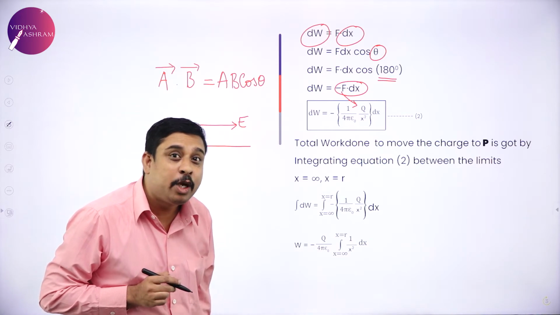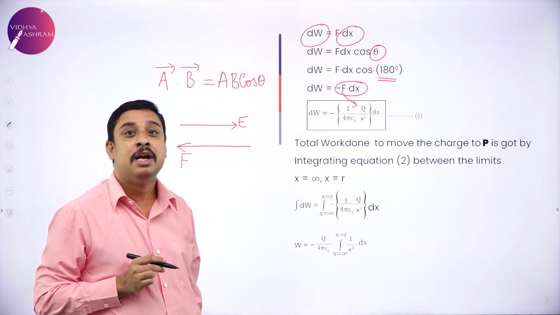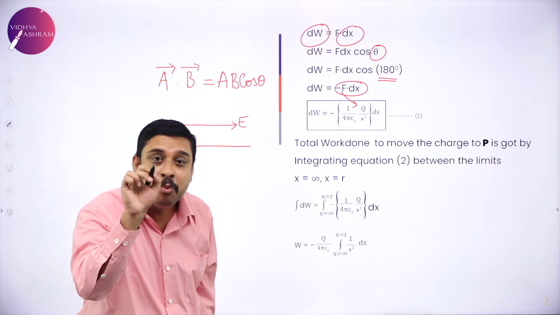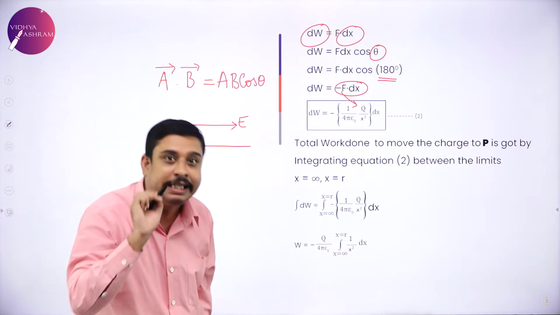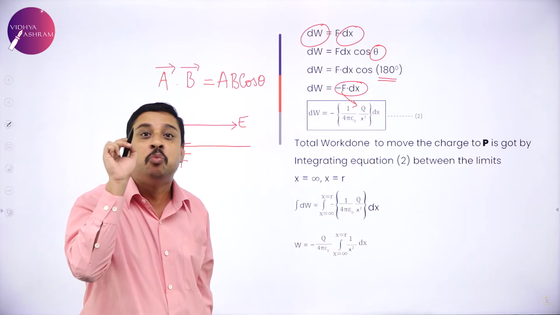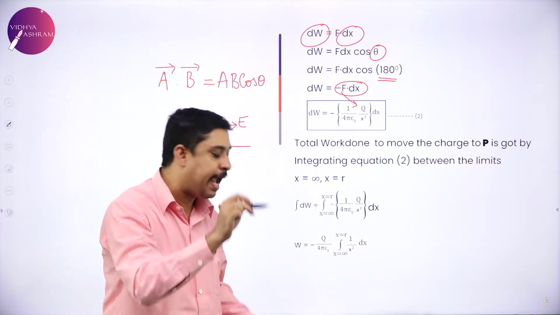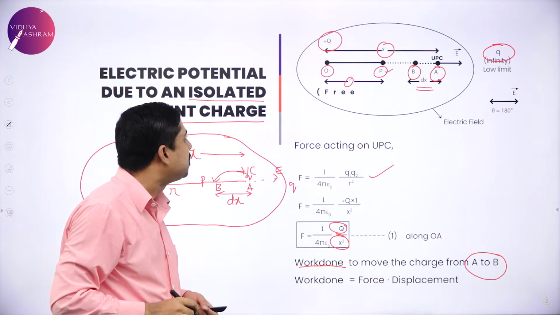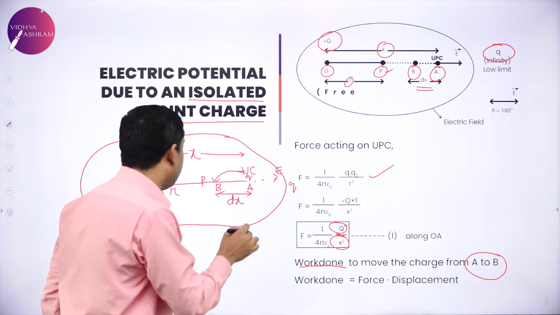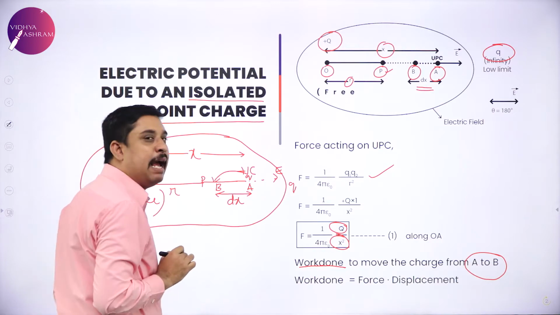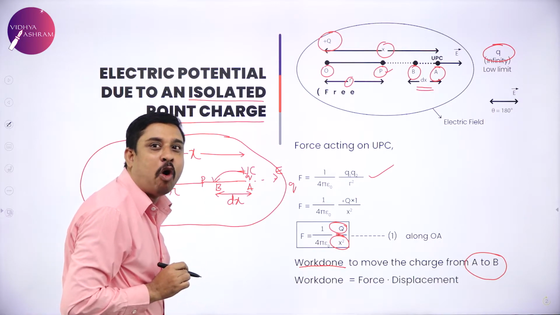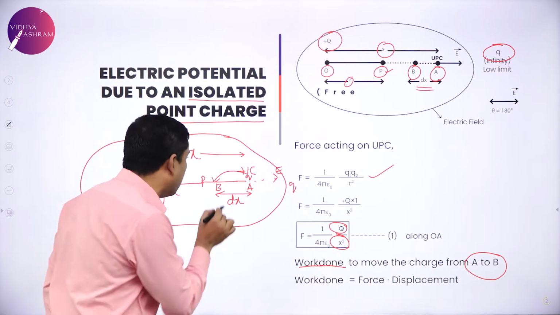So what is equation 2 giving me? The small amount of work done to move the charge from the point A to the point B. That means from A to B, I have to do a small amount of work, dW.